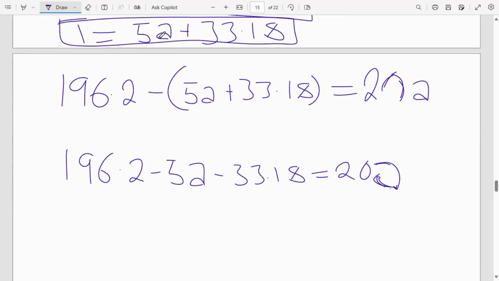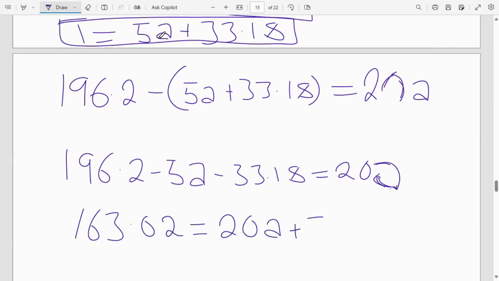So 196.2 minus 33.18 is giving me 163.02, and this is equal to 20a plus 5a.